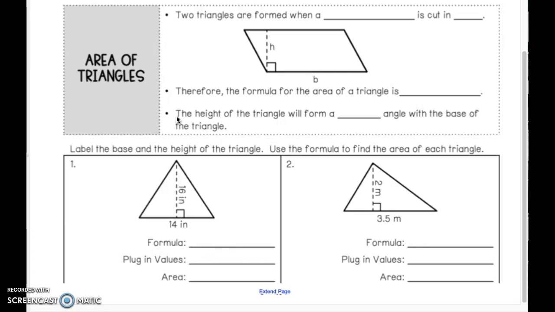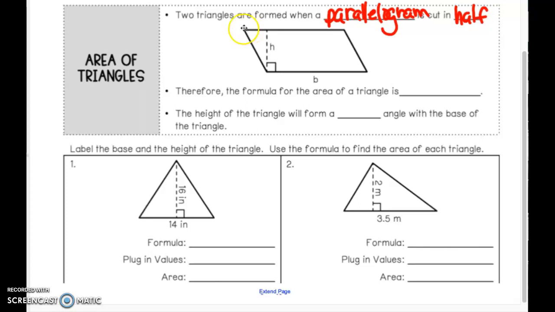So let's first start with the area of triangles. We have a parallelogram in front of us. Two triangles are formed when a parallelogram is cut in half.